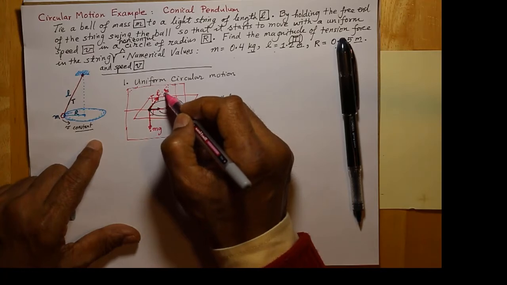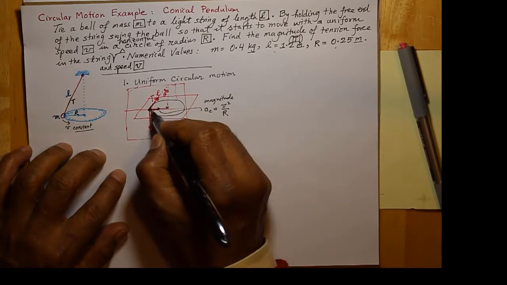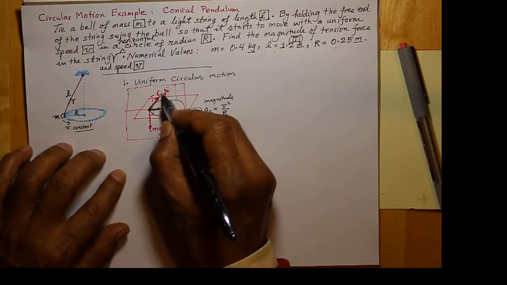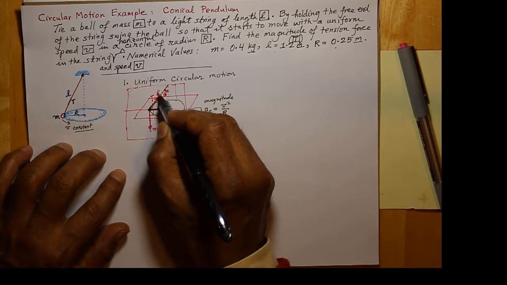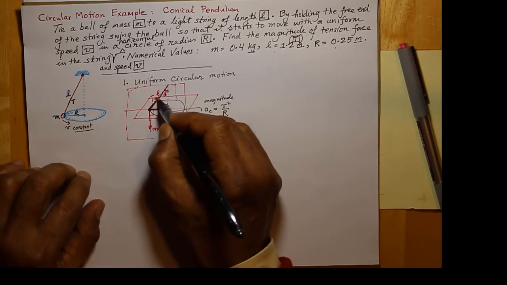Let's call that angle theta. You can see if this is r and this is L, then sine of theta is r over L. So you can make use of this if I need that.